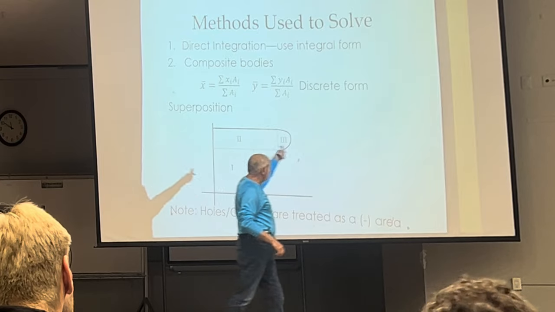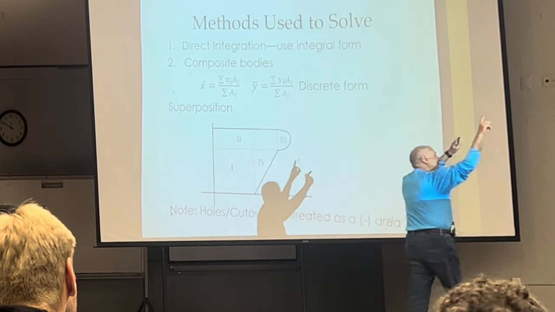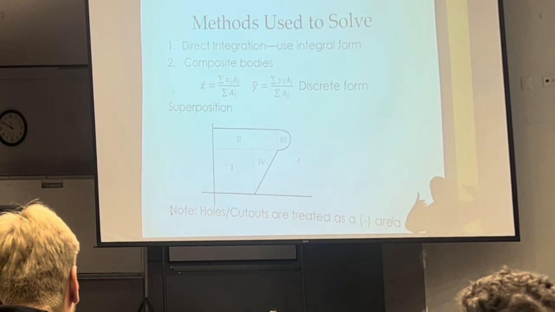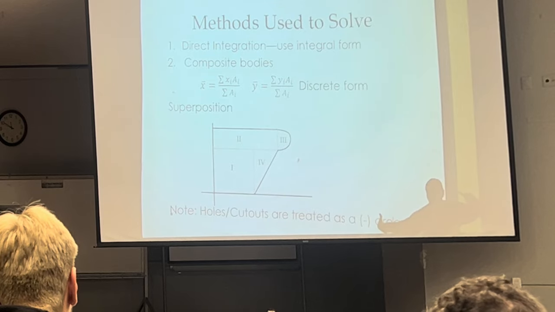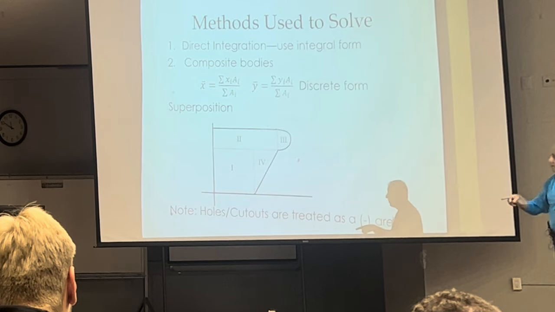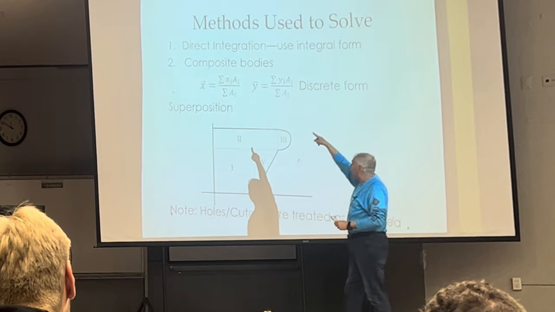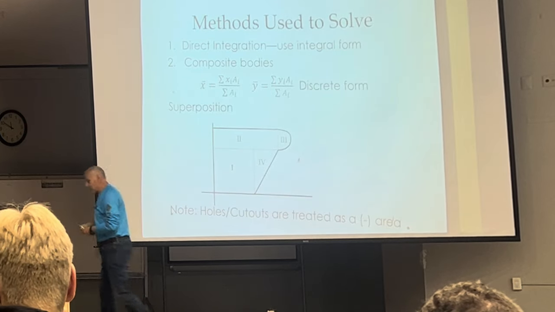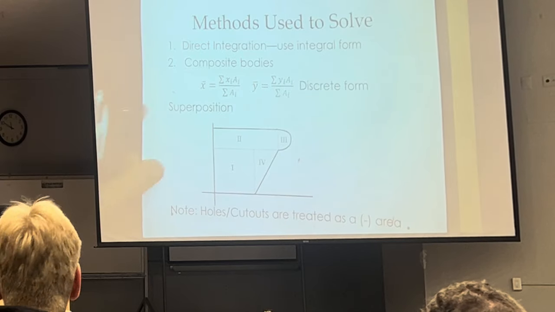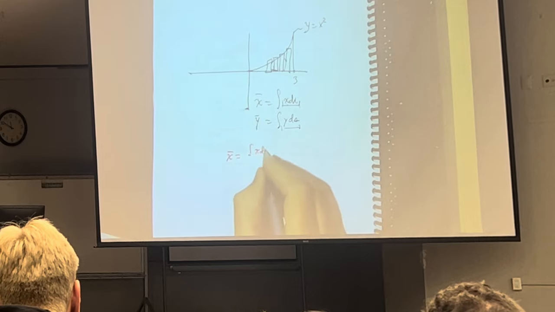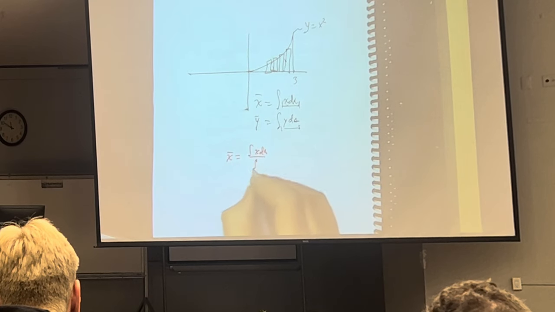What you see there is two equations. That is the integral for x bar, y bar, but put not in integral, but in discrete form. So the integral became a summation. Okay? So summation xA divided by summation A. It's the same thing as me saying x bar is equal to integral x dA over integral dA.